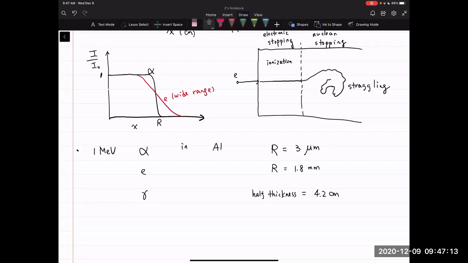I can give you a number for thermal neutrons. If the material is water, with 0.1 millimeter of water, the transmission of the neutron will be like 90-something percent, about 95%.